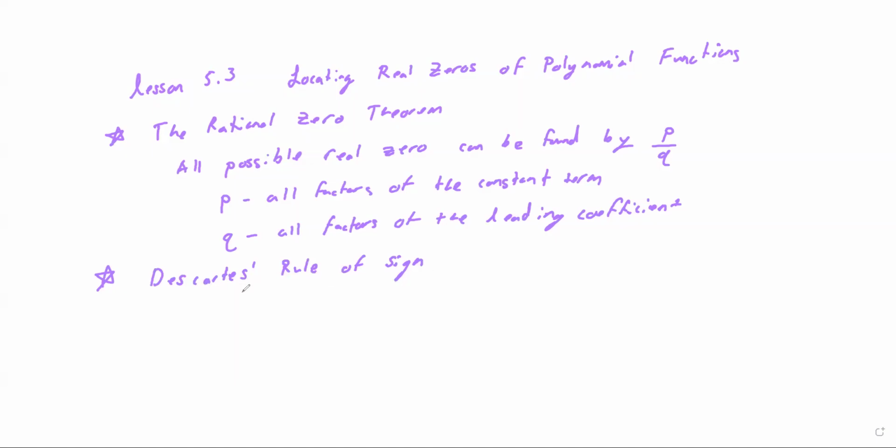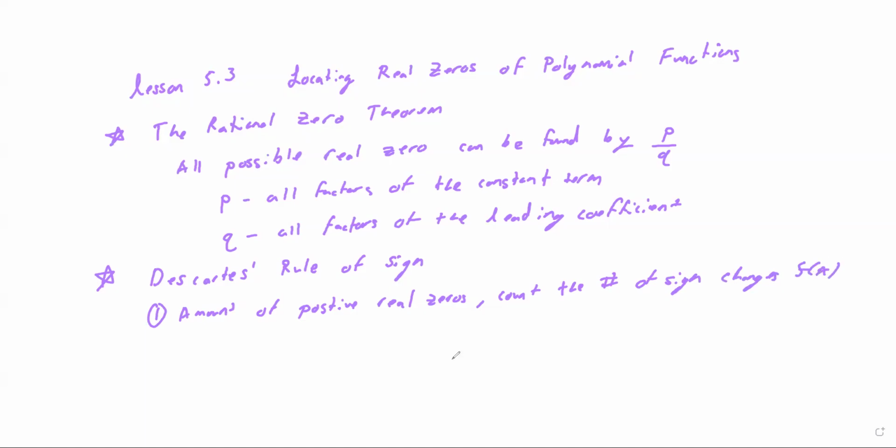Basically, Descartes' rule of signs tells us how many positive and negative zeros we can have. If I wanted to know the amount of positive real zeros, all I have to do is count the number of sign changes in the original f of x function.